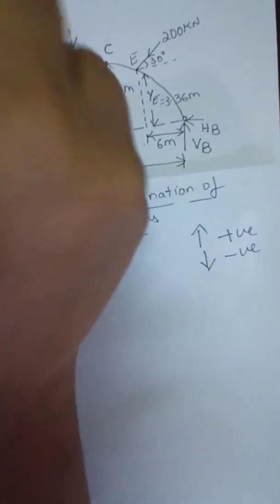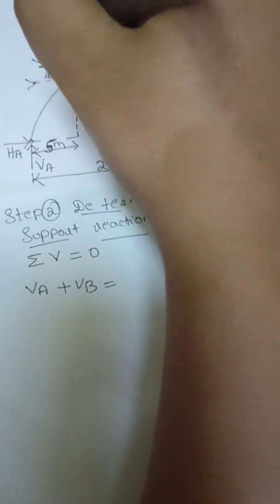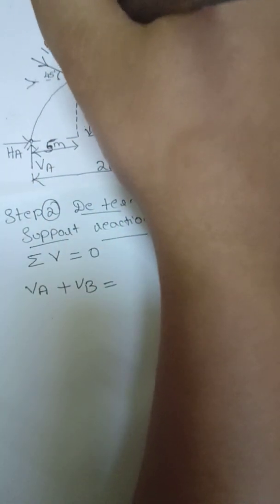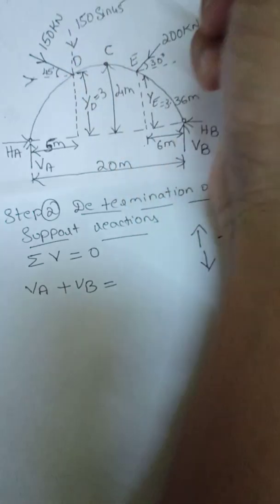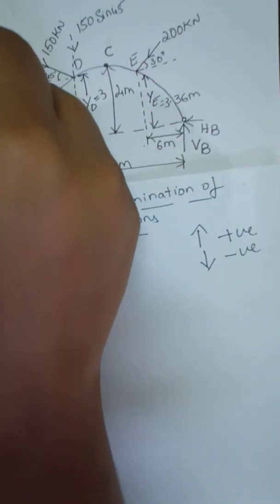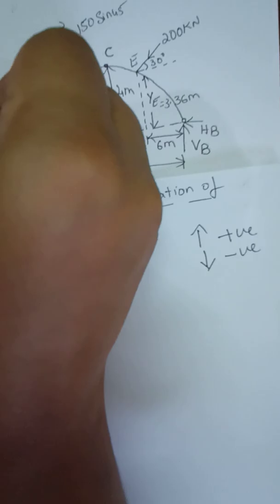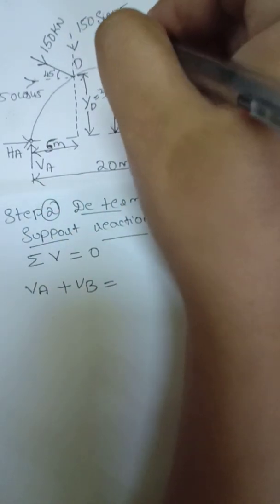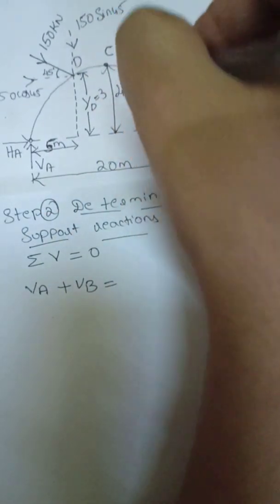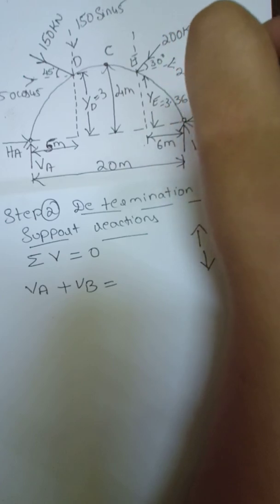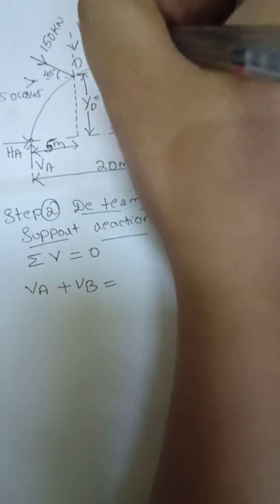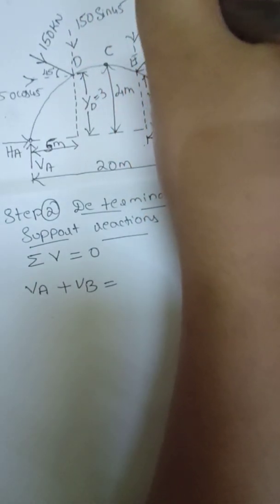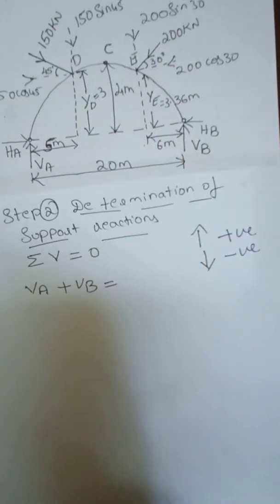This comes to be 150 sine component of 45. This is 150 cos component of 45. Similarly, if you resolve 200, this is 200 cos component of 30 and this comes to be 200 sine component of 30.